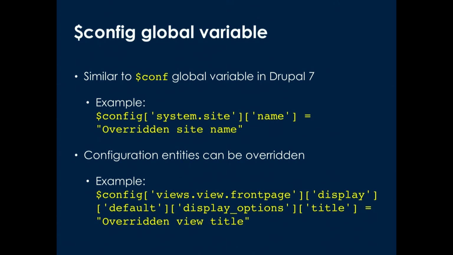So in this case, I'm overriding the title of the default display of the front page view. So that can get fairly complicated. And as you can see, since this is PHP, I'm using the array notation rather than the dot notation to separate the values.